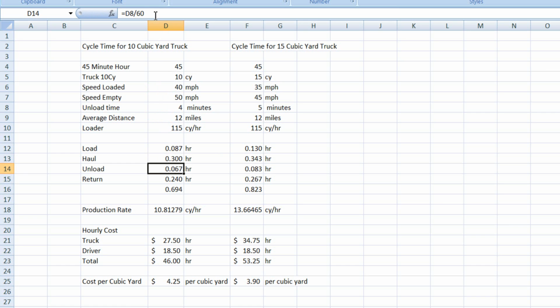To unload, 4 minutes, just strictly 4 minutes, and there's 60 minutes in an hour, because we're doing these all in terms of an hour. And then the return time, we're going to go a little faster, 50 miles per hour on the way back. So that gives 0.694 of an hour as our cycle time. We can multiply that by 60 minutes and get the actual minutes. So it's probably between 37 and 40 minutes.